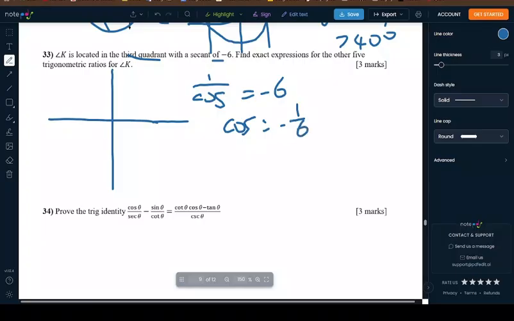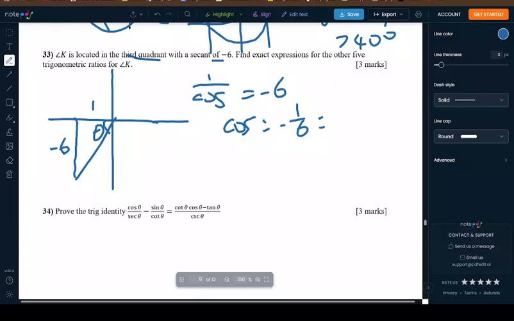There's a reason why they specify quadrant 3, because that means our y value is negative 6. And cosine is adjacent, so this is 1. Oh my god, that's horrible. I'm sorry, guys. This is our theta.